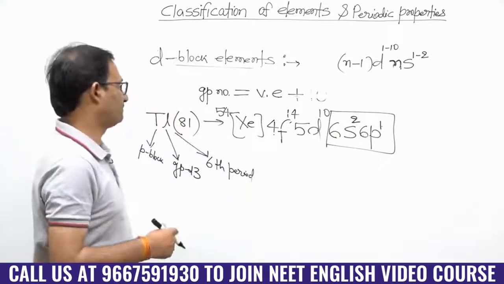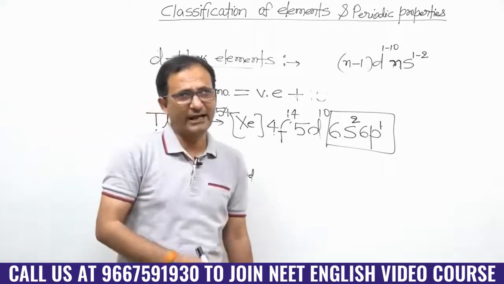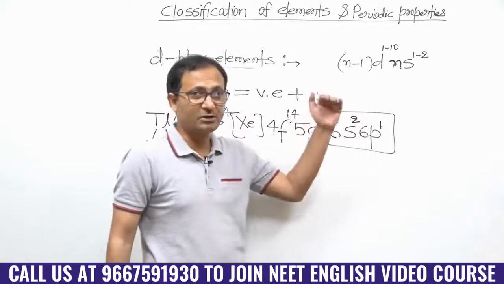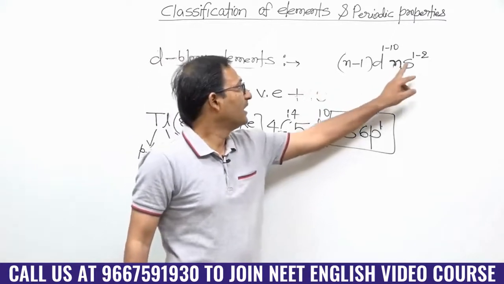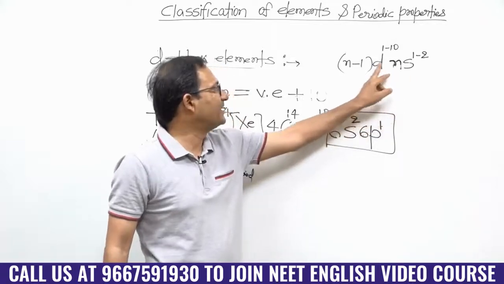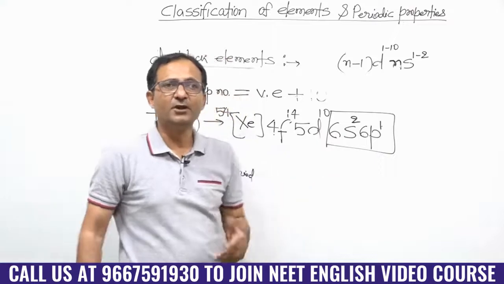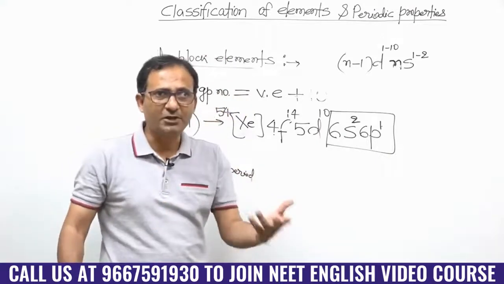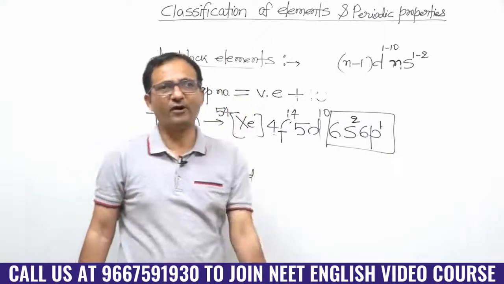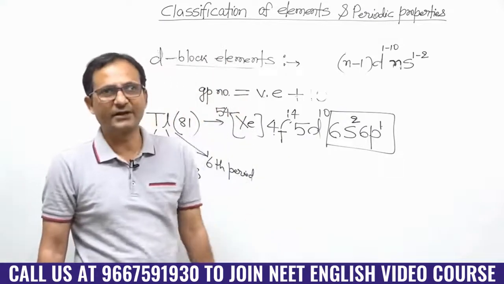Right now, remember one thing: in case of d block elements, s electrons of the outermost shell and d electrons of the penultimate shell both involve in bond formation, both involve in number of valence electrons.